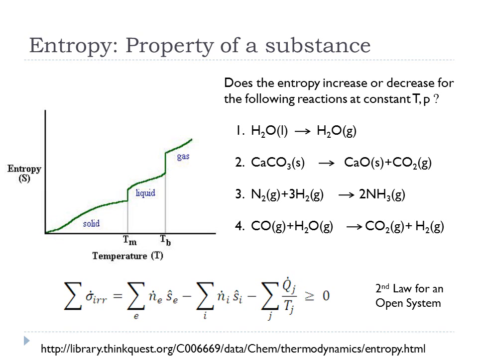What I want to point out is that there's a difference between sigma dot and S hat, even though they both have the term entropy associated with them. They're very different things. One way of thinking about it is, let's say we draw a control volume and we have liquid water entering, and we have gaseous water or water vapor leaving the system.